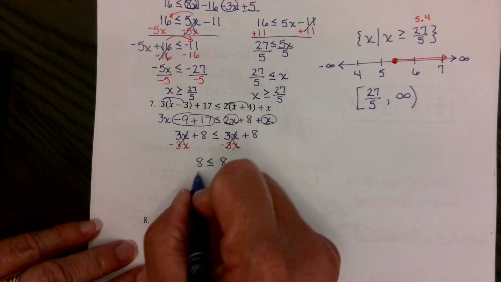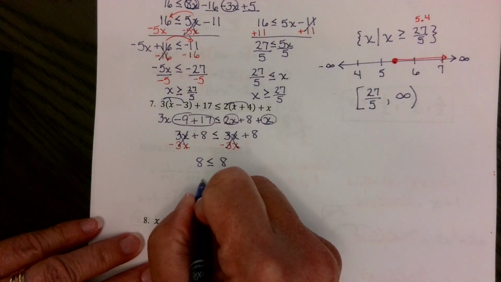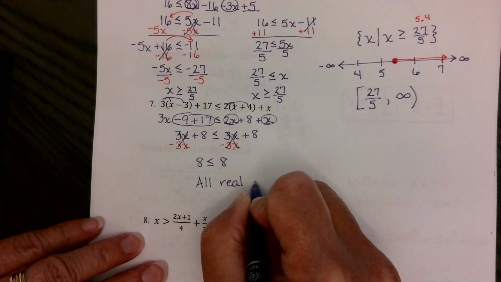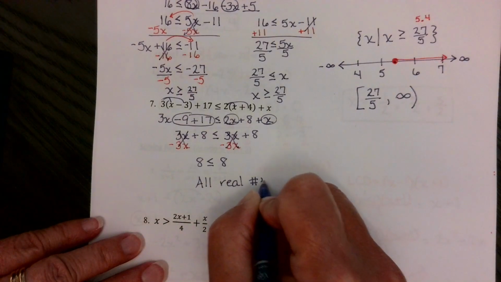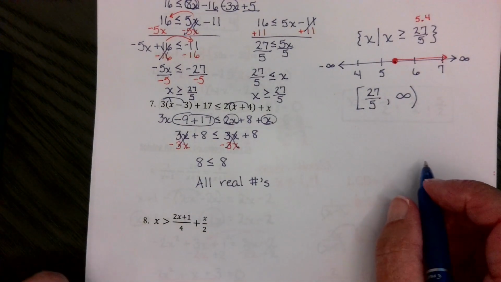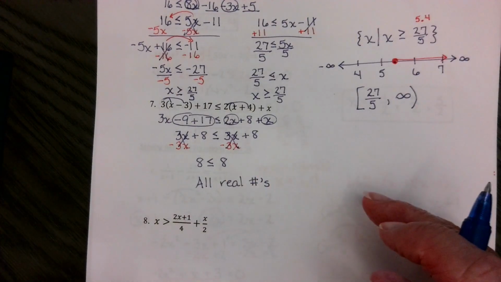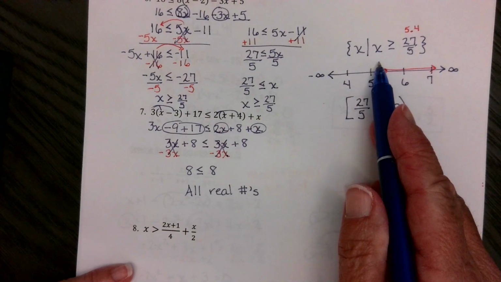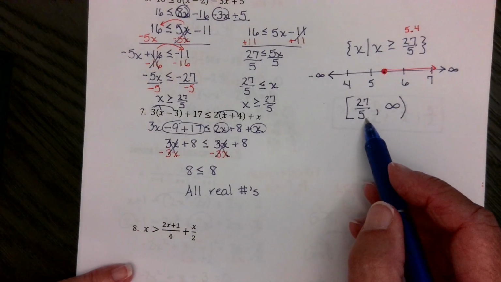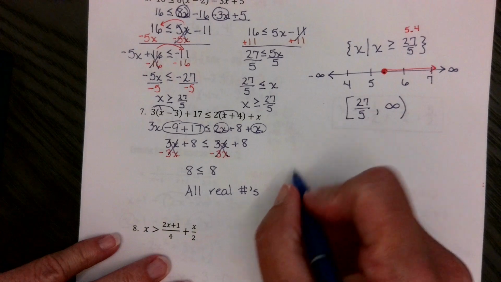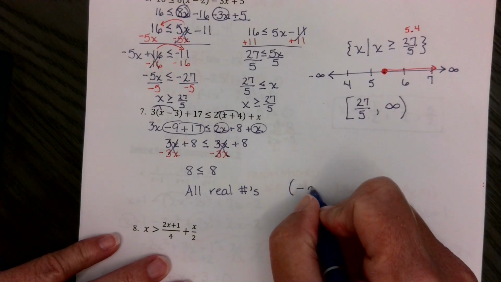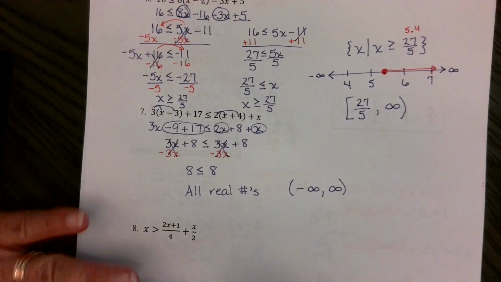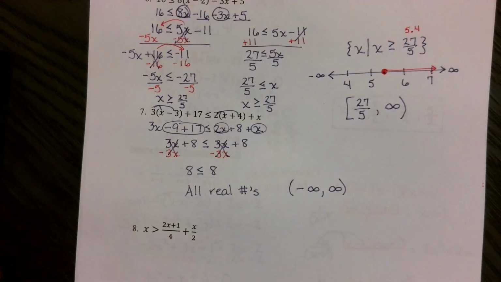So our answer here would be all real solutions, or all real numbers, however you want to say it. That means it's every number on the number line. We won't ask you to do set builder notation here, but we will ask you to do interval notation. Interval notation is written negative infinity to infinity. That takes care of all real numbers. It's every number on the number line.